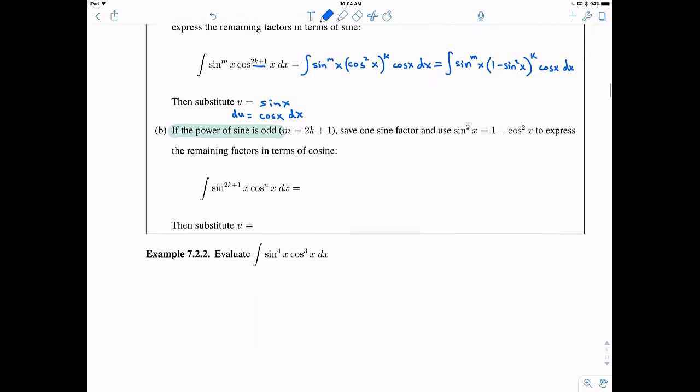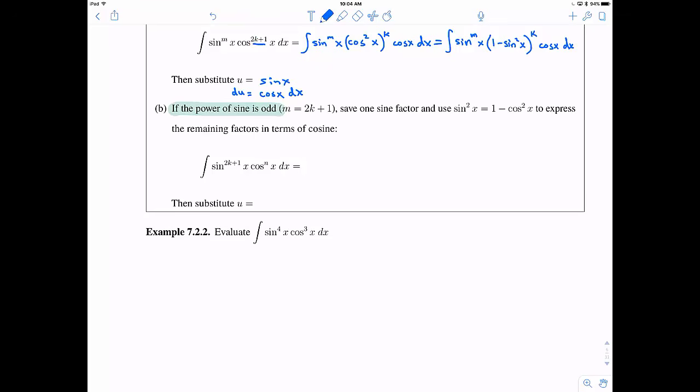In the second case, when we have sine being an odd power, it's going to be very similar. In this case, we're going to let u be cosine of x, and then du is going to be negative sine of x dx. So we're going to try to save one sine factor to be used up by this du. The rest of them we're going to turn into cosines via the identity sine squared x is equal to 1 minus cosine squared x. So again, sine we're assuming to be odd here.